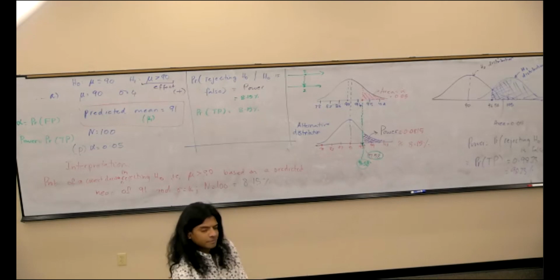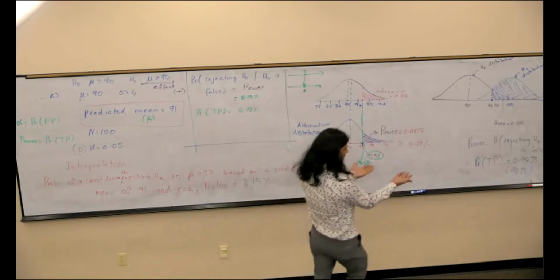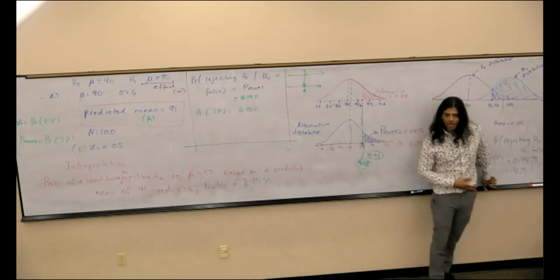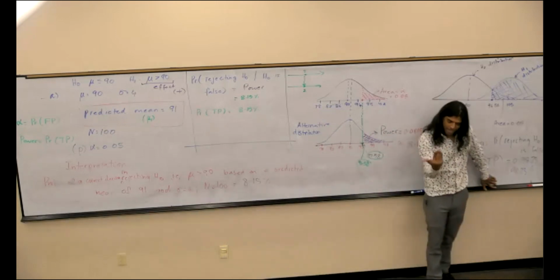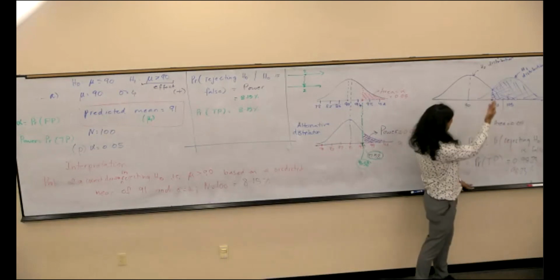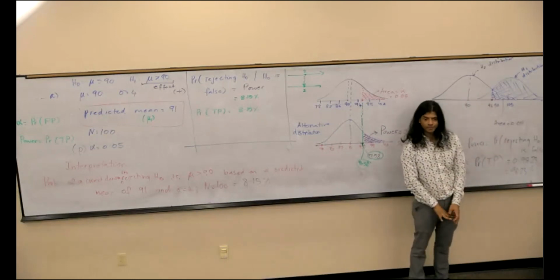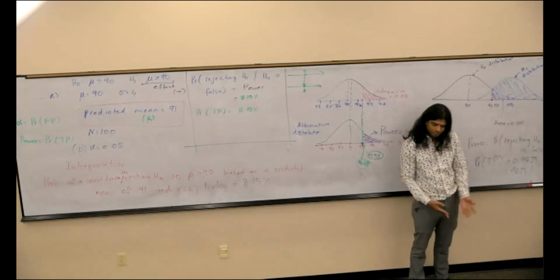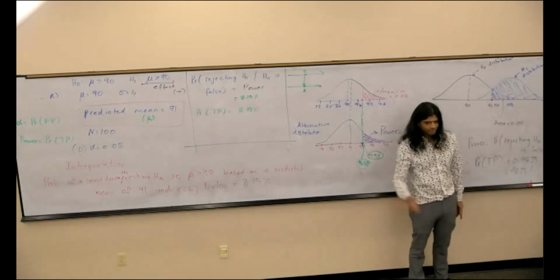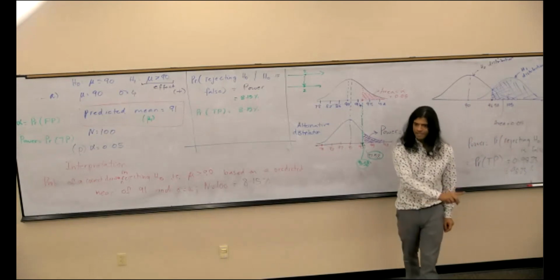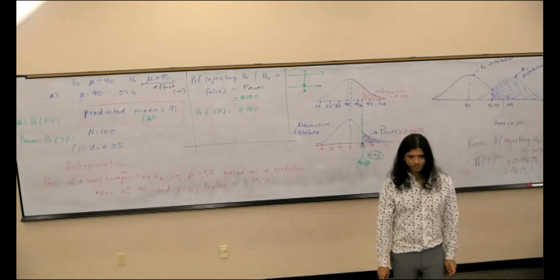Then, did you make a mistake? Probably not. So you have a good amount of power. The chances that you made a correct decision based on the data you have is 98.23%. So you can be pretty confident that you made the right decision in rejecting the null.